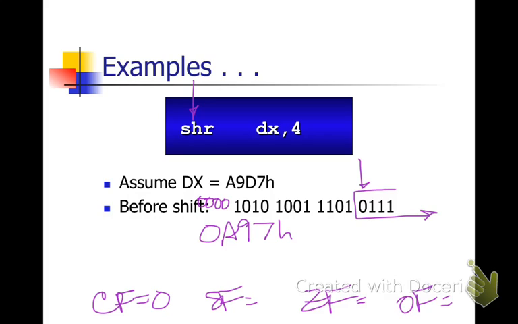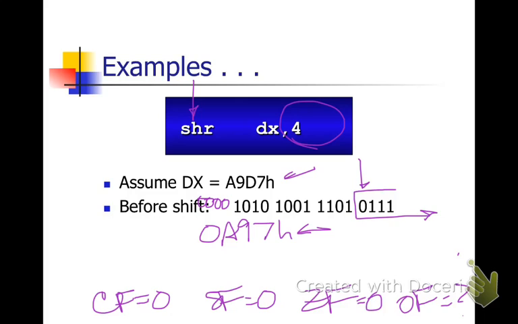Okay? So, carry flag is 0, last bit shifted out. Sign flag, this is positive. Okay? Zero flag, it's not 0. And overflow flag, well, you say, oh, well, it was negative, now it's positive, but it's a multi-bit shift. So overflow flag is actually going to be undefined. And let me just tell you why it's undefined.